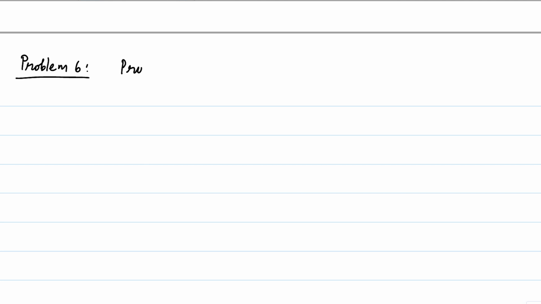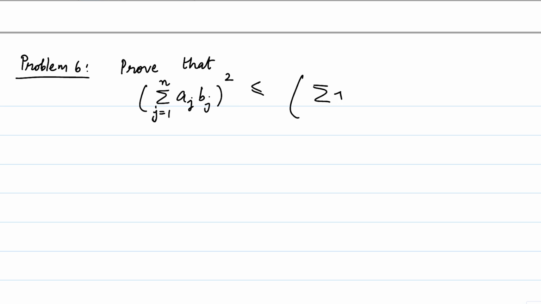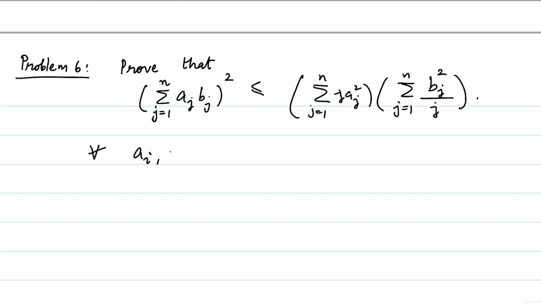Prove that the summation of aj bj, j equal to 1 to n, the whole square, is less than or equal to the summation of j aj square, j from 1 to n, times the summation of bj square by j, j equal to 1 to n. This is true for all ai comma bi in R, where i is equal to 1 to n.